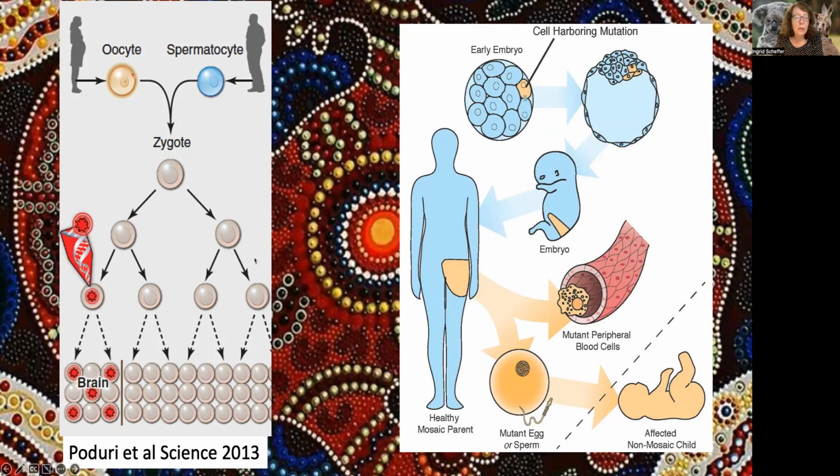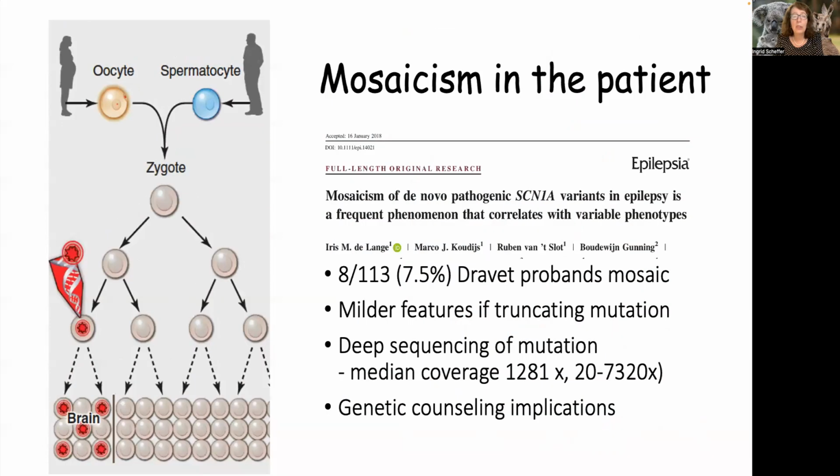So thinking about the first example, what about patients with Dravet syndrome? Well, this is an elegant Dutch study from Bobby Coleman's group, where they looked at 113 patients with Dravet syndrome with SCN1A pathogenic variants. They looked in each patient 1,000 times with deep sequencing of the mutation, and they found that 7.5% of the individuals were actually mosaic.